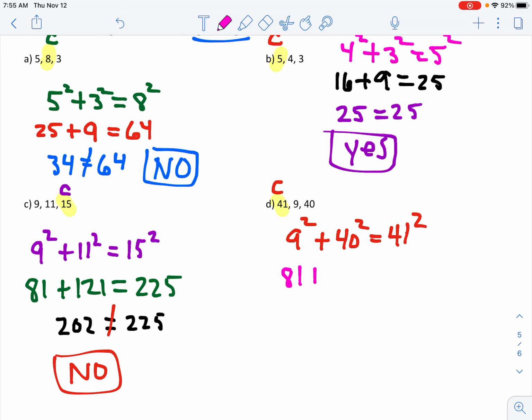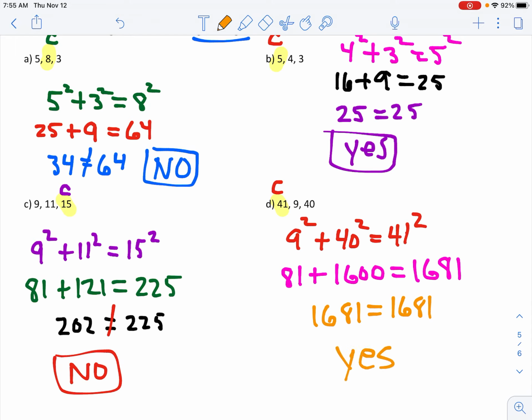That's 81 plus 1,600, which should be equal to 41 squared will give you 1,681. Go ahead, combine like terms on the left. I get 1,681 equals 1,681. That's true. So yes, this could be a Pythagorean triple.